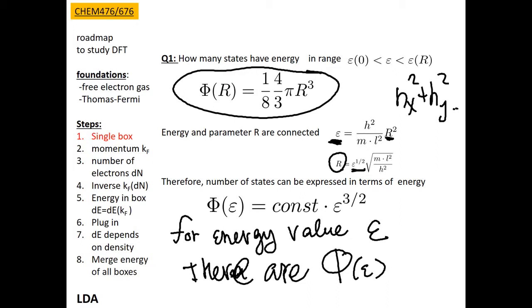So here is the total number of states as a function of energy: constant times energy to the 3/2, 3 from the cube, 2 from the conversion. Now, for finding the number of states in the thin shell as a function of energy, we should take the derivative not over r but over the energy. It is what we need. And if we do it over r, one needs to add a second derivative as a chain rule.